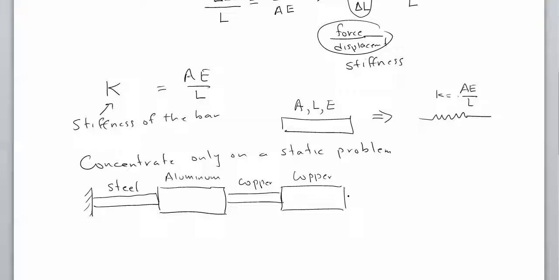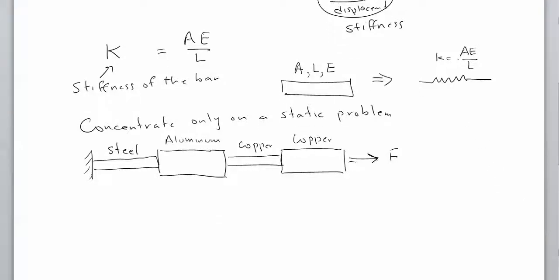And let's hypothetically say that this end is subjected to a force F. A slowly varying force F, which means that I can solve this thing as a static problem.